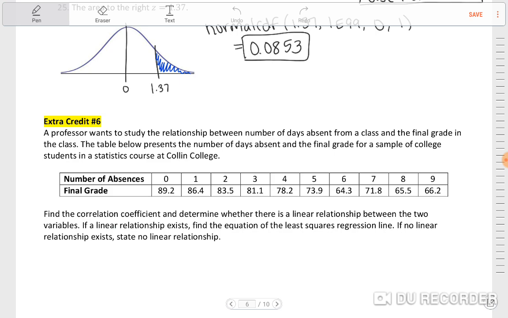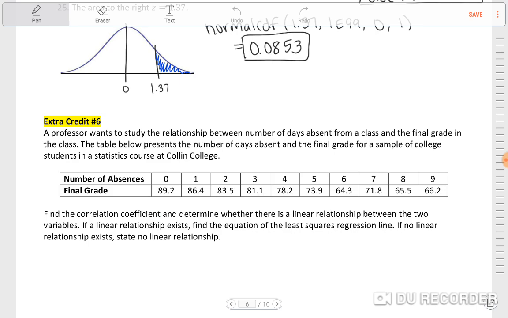If a linear relationship exists, find the equation of the least squares regression line. If no linear relationship exists, state no linear relationship. Okay, so find the correlation coefficient. This is chapter 4. Okay, so go back to your chapter 4 stuff and find out what correlation coefficient means, and also the least squares regression line.